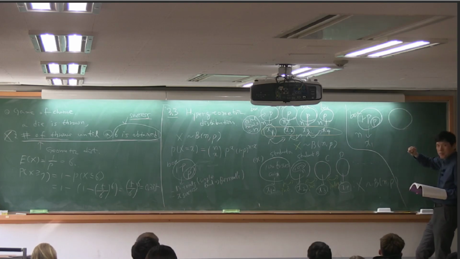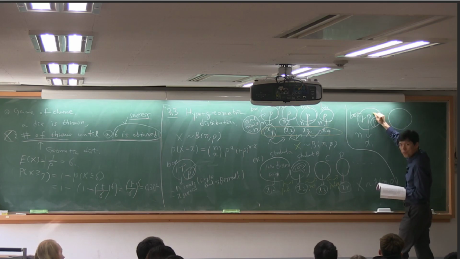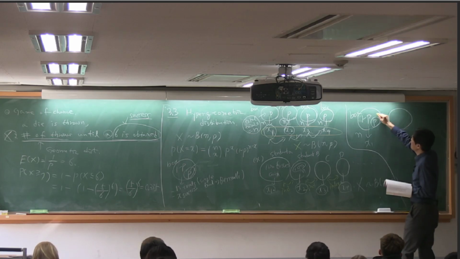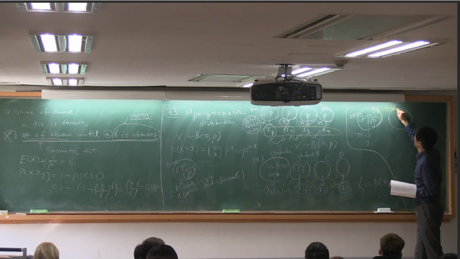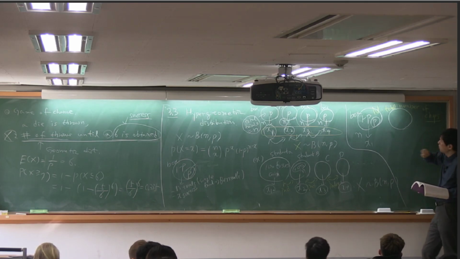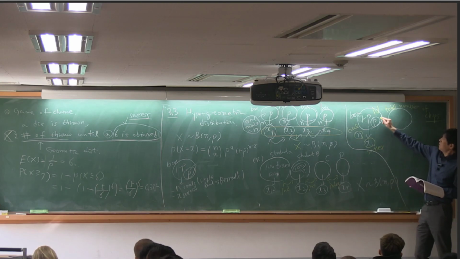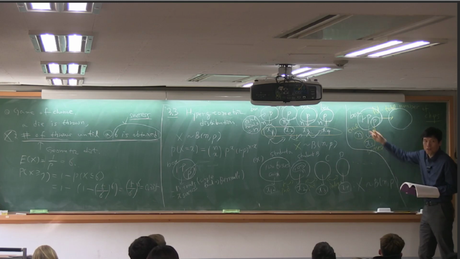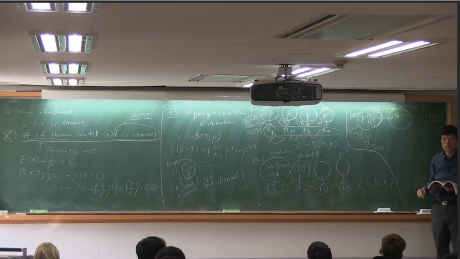Then in the next experiment, suppose the total number of chips, in our example 500 chips, is N. In the second experiment, the total number is reduced, because you already took some out, so it is N minus n.